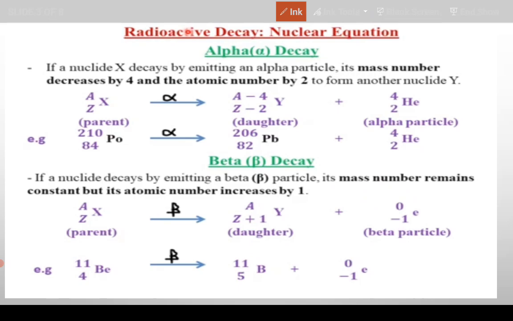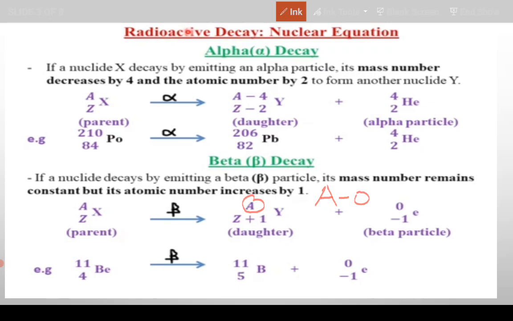So let's go back to our original element, which is X, which has mass of A and the atomic number of Z. We are subtracting a beta from it. Because a beta has no mass, the mass of the new element is going to be A minus 0, which is just A. But the atomic number of the new element is going to be Z plus 1.